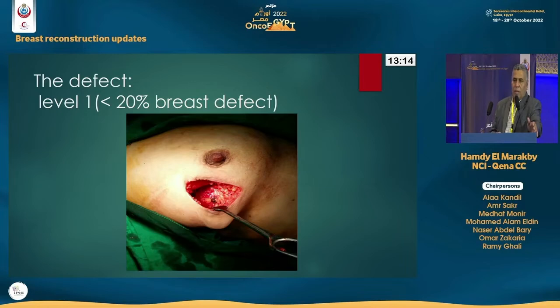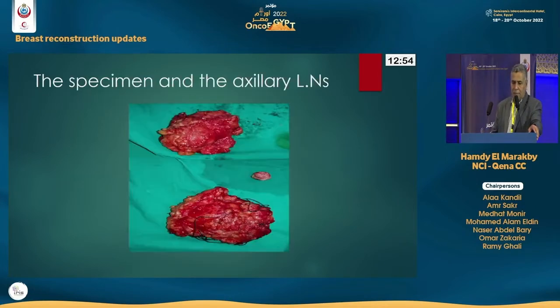Most of the breast flaps or parenchymatous flaps are lying in the area between 20 and 50% breast defect, less than 20% breast defect, where you can model the breast tissue around and close the defect as it is.